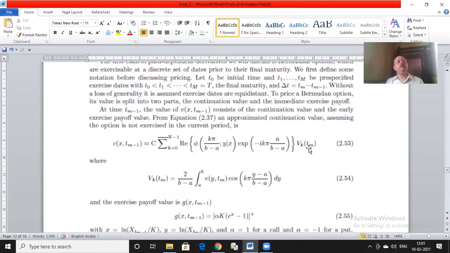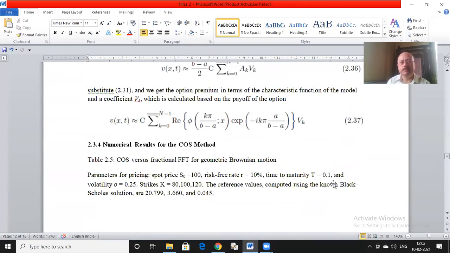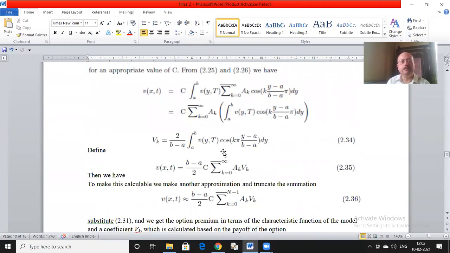These VK terms will be modified with new information at time Tm, because information has changed, the stock price has changed. So my current time is now Tm. So Vk I denote as Vk of Tm, based on the new information set, which I write here. So this is the Vk integral term as before in 234 here.